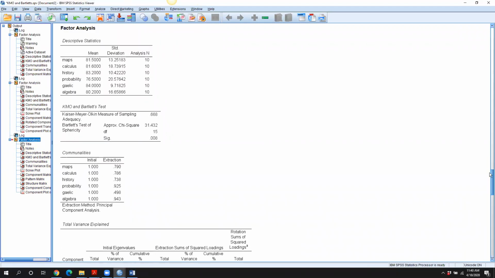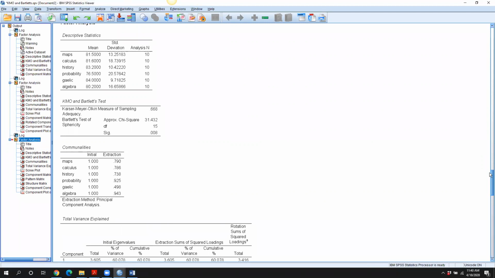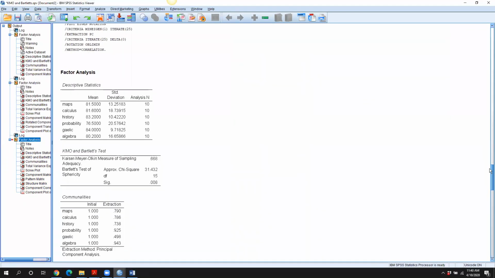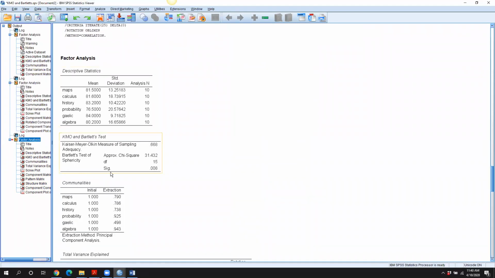What we didn't talk about on the orthogonal factor solution was the initial test that you look for, so I'll walk you through it on this one. You do the factor analysis, and you can get some descriptive statistics. What pops up next is the KMO, the Kaiser-Meyer-Olkin measure of sampling adequacy, and then the Bartlett's test of sphericity. These are two litmus tests that tell you whether you should proceed before you start interpreting the whole exploratory factor analysis.